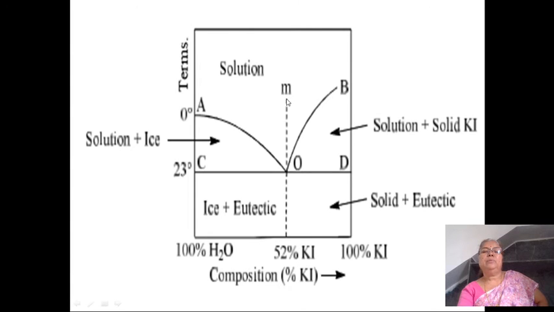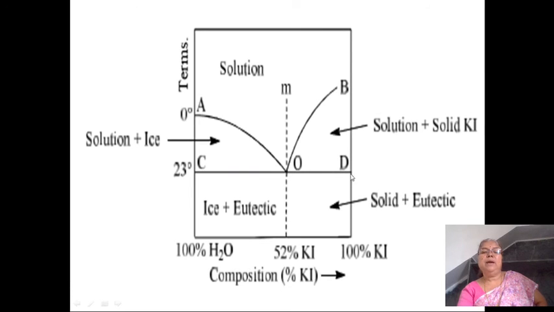Then suppose we have a liquid composition here represented by point M, and we cool this liquid composition. Then at the temperature 23 degrees centigrade, in the solution, solid ice as well as solid KI separate out.